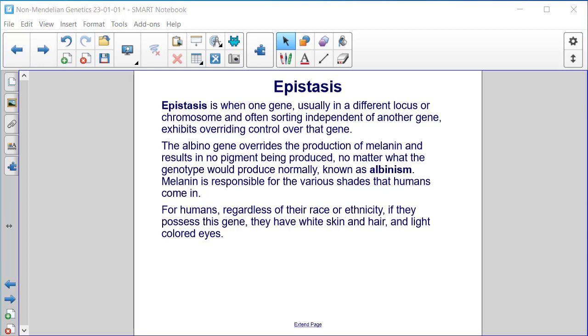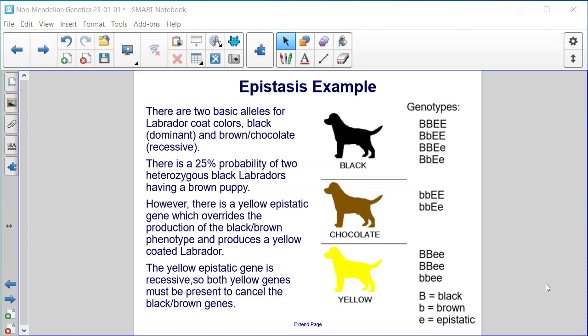There are 2 basic alleles for Labrador coat colors. Black is dominant, and brown or chocolate is recessive. There is a 25% possibility of 2 heterozygous black Labradors having a brown puppy.